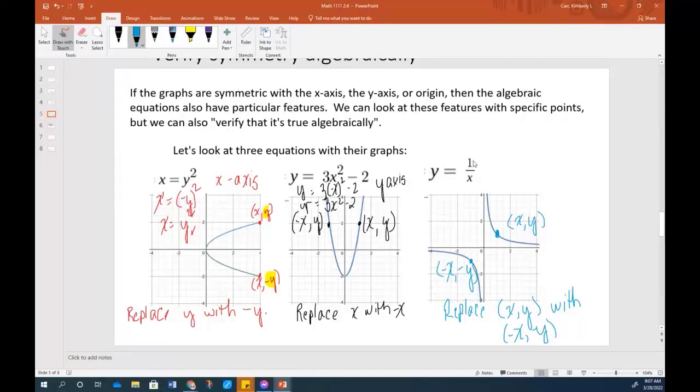So if I take this function up here, and by the way, I didn't write that one down, but this one is origin symmetry, negative y equals 1 over negative x. But look, if I multiply both of those by a negative, I end up with what you can do to simplify it. Because I want y equals, when I multiply by that negative to get just y, it changes this one back to 1 over x.